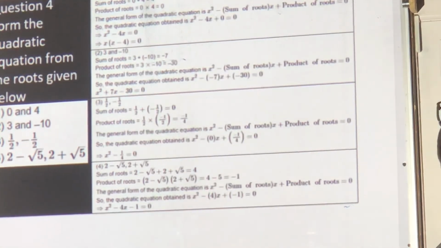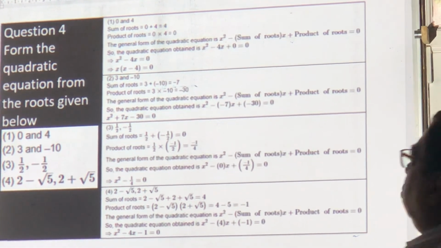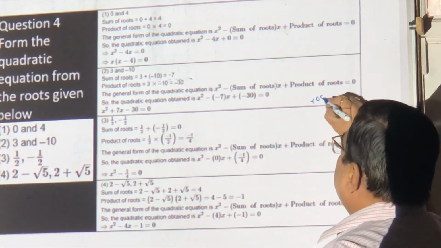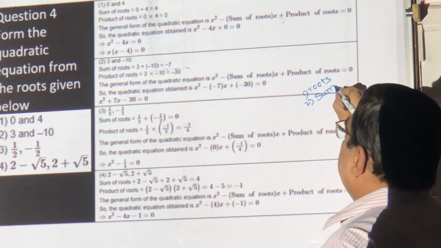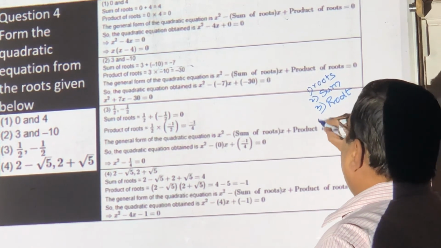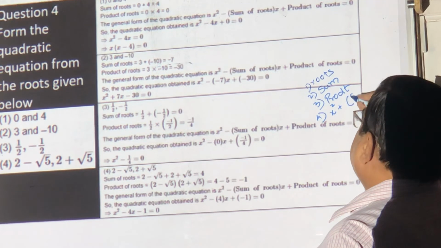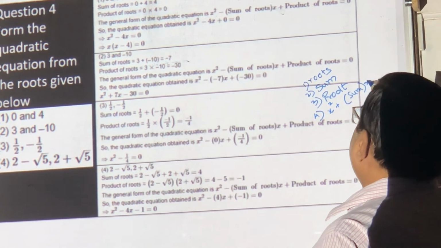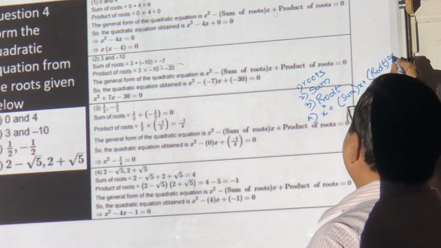Have a look. Form the equation. So, they gave me the roots. So, take the roots. First, second, find the sum of the roots. Third, find the product of the roots. Fourth, substitute in x square minus sum of the roots into x plus product of the roots is 0.